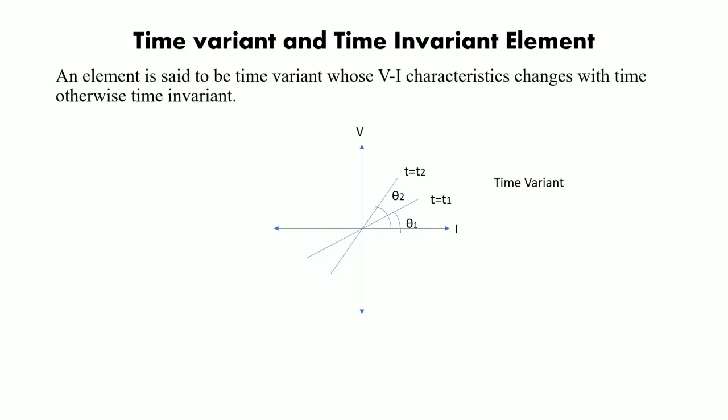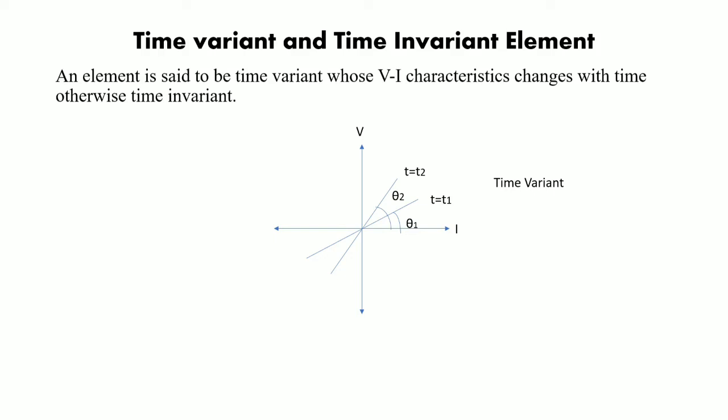Time variant and time invariant element. An element is said to be time variant whose VI characteristics change with respect to time. So that element is called time variant, otherwise time invariant. So here we can see that in the graph at t equal to t1 VI characteristics of one element.